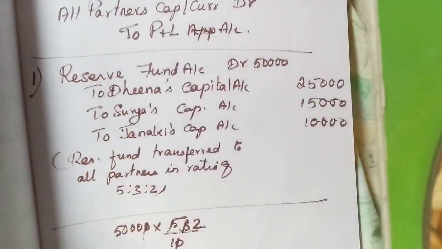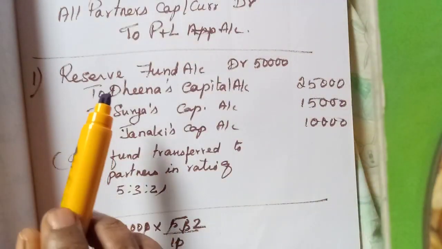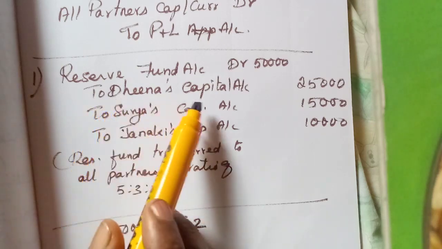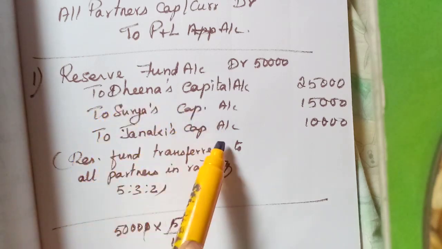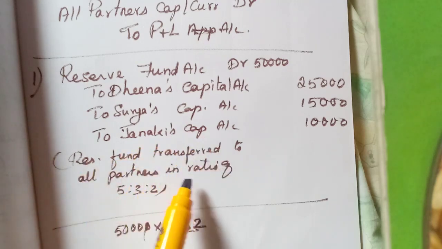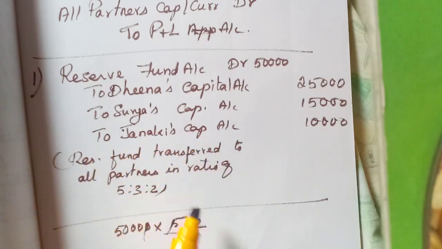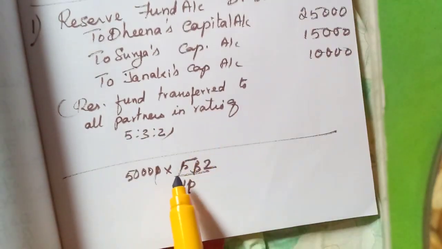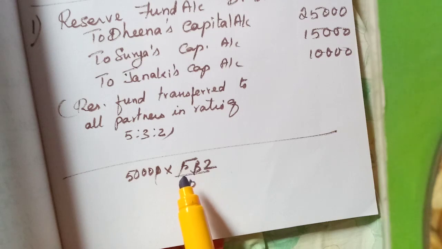So the reserve fund shows a credit balance, so we need to debit it. Then credit all partners' capital accounts: Deena's capital, Surya's capital, Janaki's capital account. Reserve fund is transferred to all partners in the ratio of 5:3:2. The calculation is given here. Total amount 50,000 into the first share 5 by total share 10.